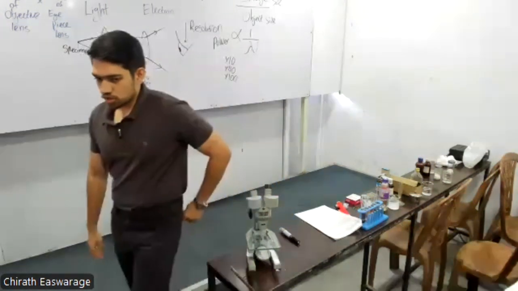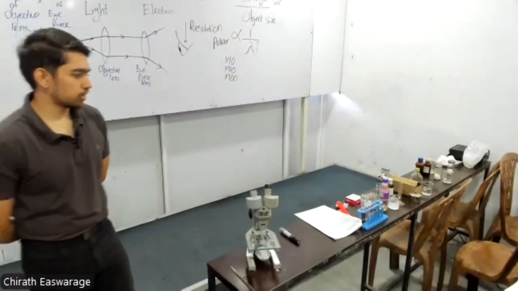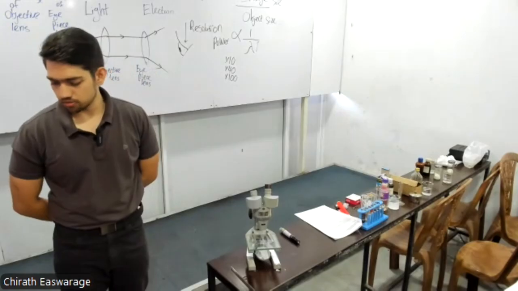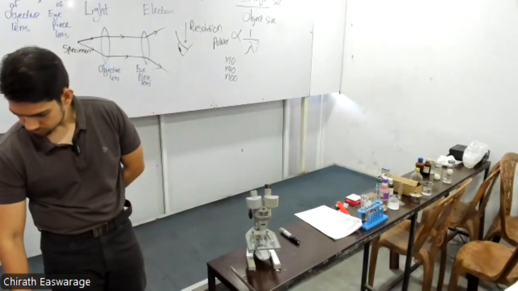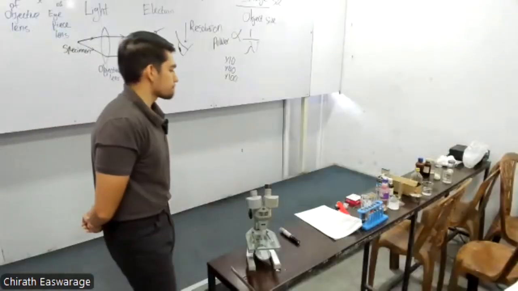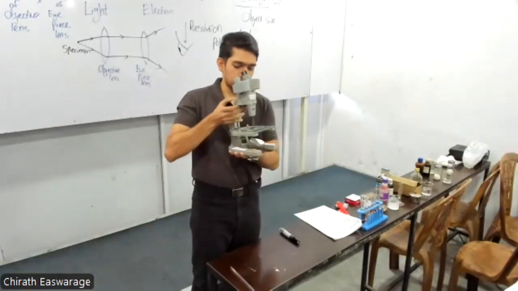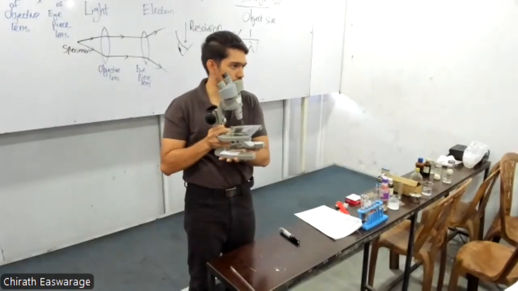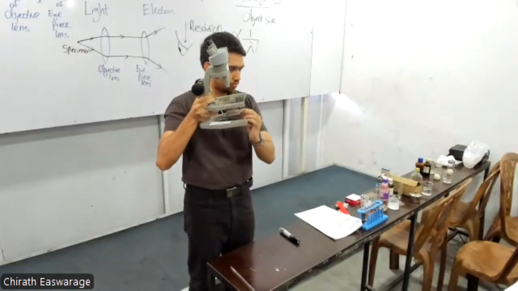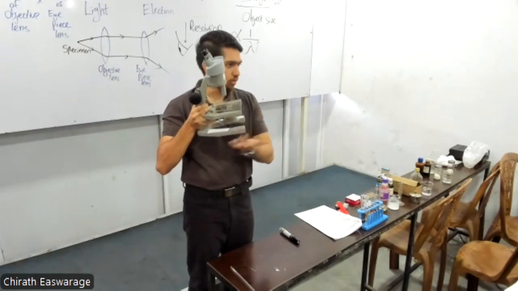In a more complicated microscope, we have an electric light. Instead of the mirror, we have an electric light.